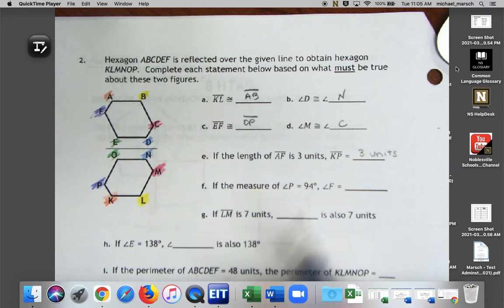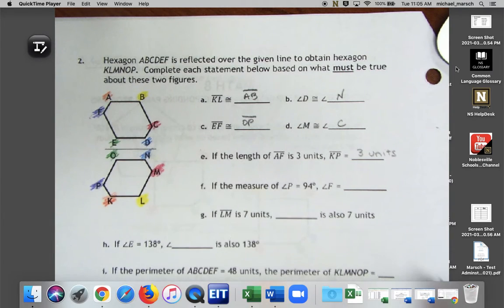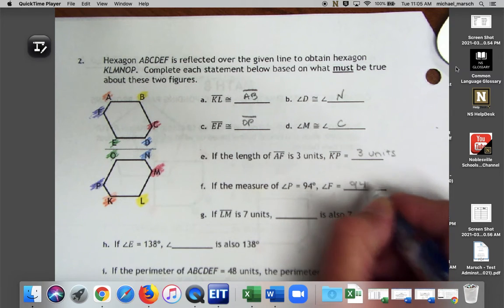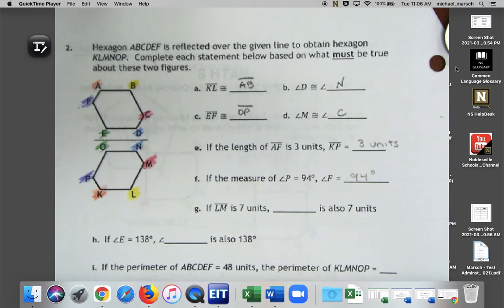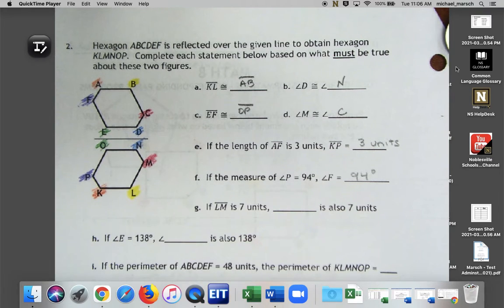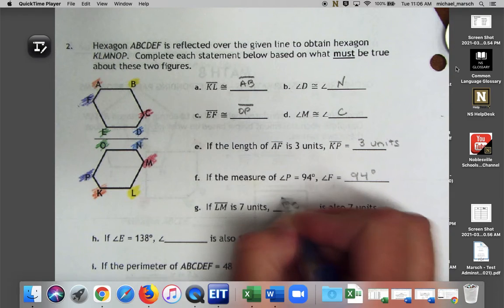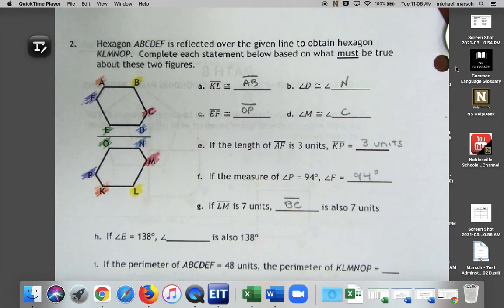If the measure of angle P, so if this measures 94 degrees, what is the measure of angle F? It also has to be 94 degrees because they are congruent. If LM is 7 units, what else is 7 units? BC. You guys are doing a great job listing them in the correct corresponding order.